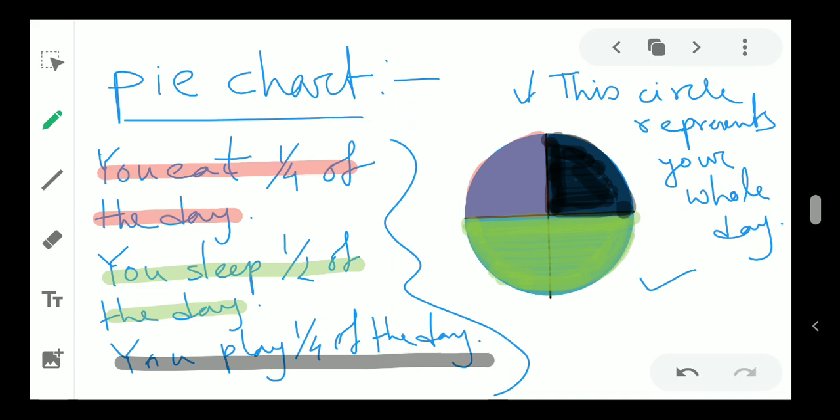So this is called a pie chart, which represents how you have distributed your work. This is useful for many purposes.